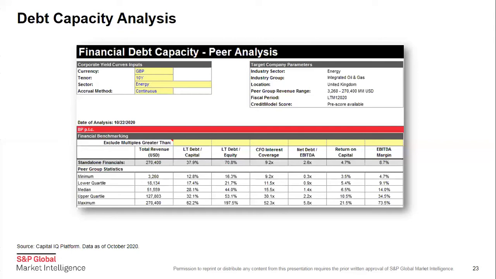Using a financial comparables analysis, we contrast industry-specific leverage ratios, the debt service capacity, and the profitability parameter. As you can see below here, we are taking a look at the interquartile range of a standalone entity and taking a look at those profitability, liquidity, and leverage ratios.